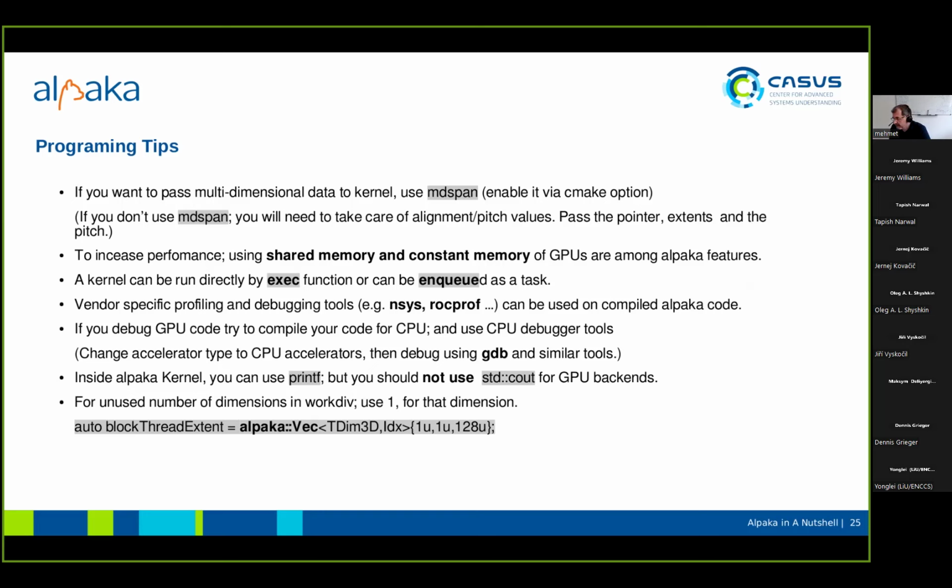Therefore, for example, GDB can be used if CPU accelerator is used during the compilation. Inside Alpaka kernel, you can use printf, but you should not use std::cout for GPU backends. And for unused number of dimensions in vector, use one. These are simple tips.